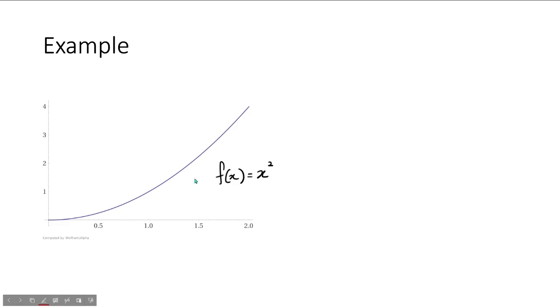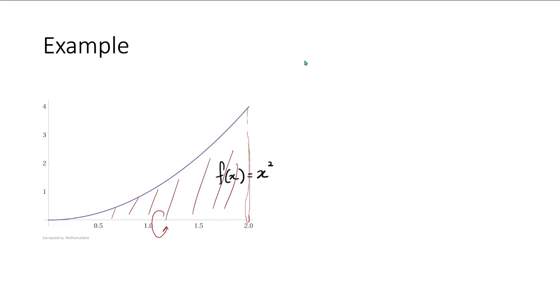So let's say you have a function described by x squared, and you are cutting that function at x equal to 2, and then you revolve that around the x-axis.